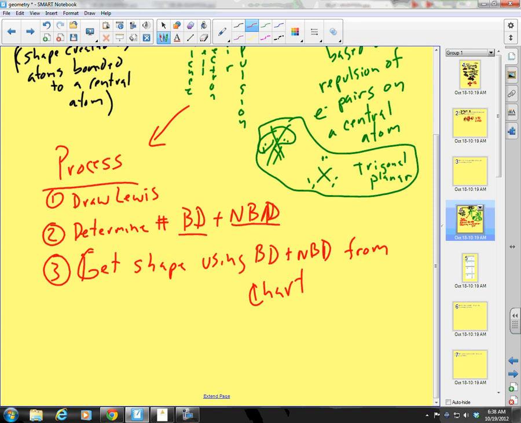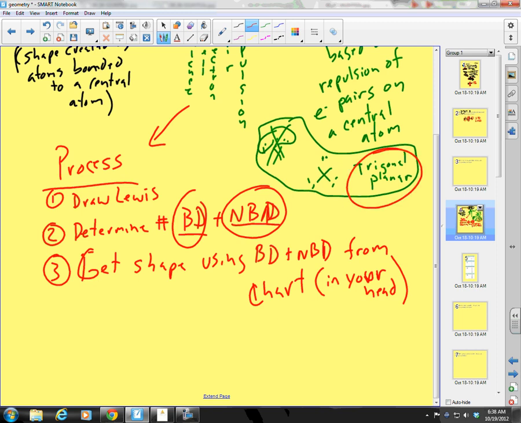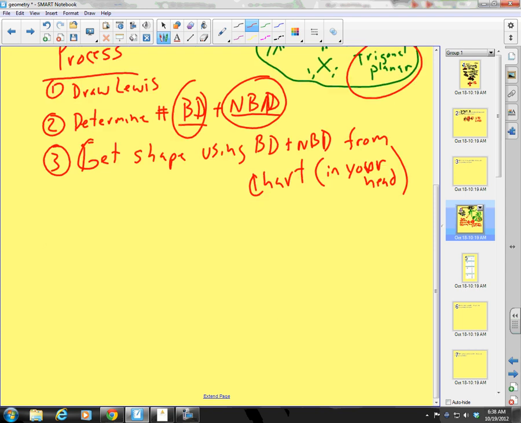Hey, there's a wonderful chart. Now here's the good news, there's a wonderful chart. Now there's the bad news: you're going to have to memorize this chart eventually. So you're going to be able to use your bonding domains and non-bonding domains, and then in your head with your photographic memories, you can find that chart and say, aha, it is trigonal planar. Got it? Cool.